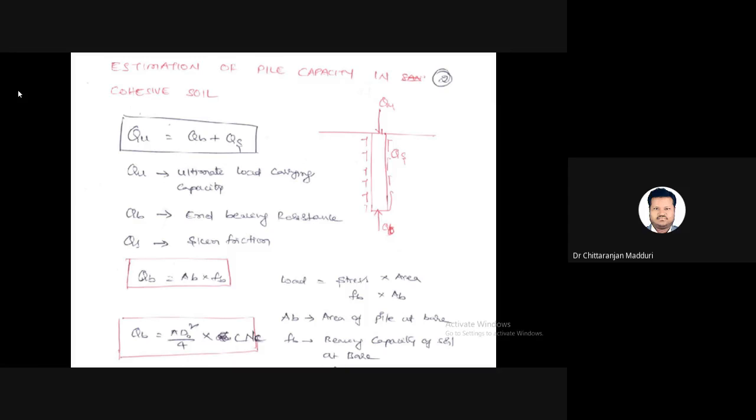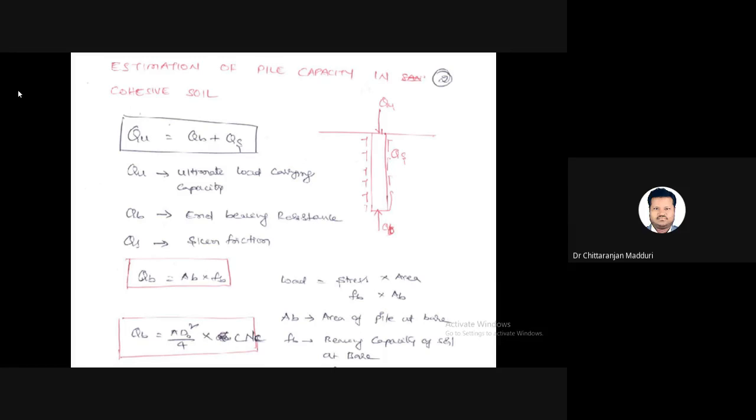That means the load applied on the pile is taken by both tip resistance, end bearing resistance, as well as skin friction. So the ultimate load is equal to the load carrying capacity at the bottom of the pile plus the skin friction between the pile and the soil around the pile. QU is equal to the ultimate load carrying capacity, QB is known as end bearing resistance, QS is known as skin friction.